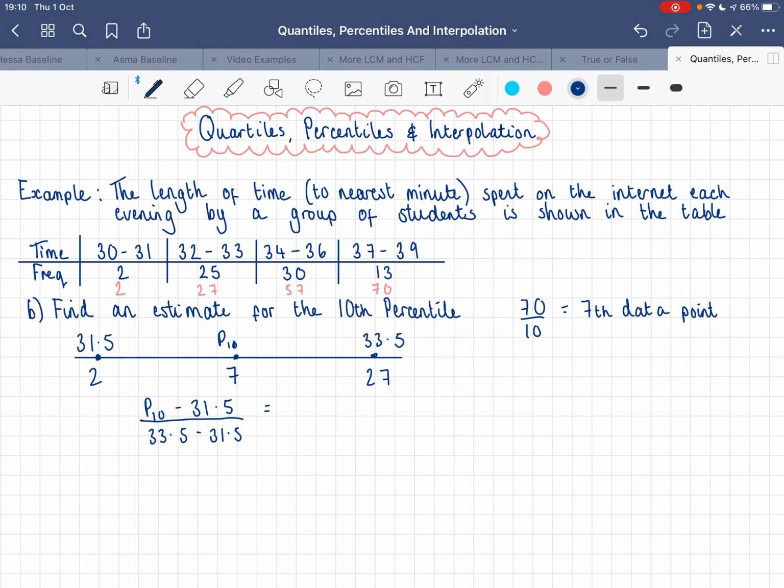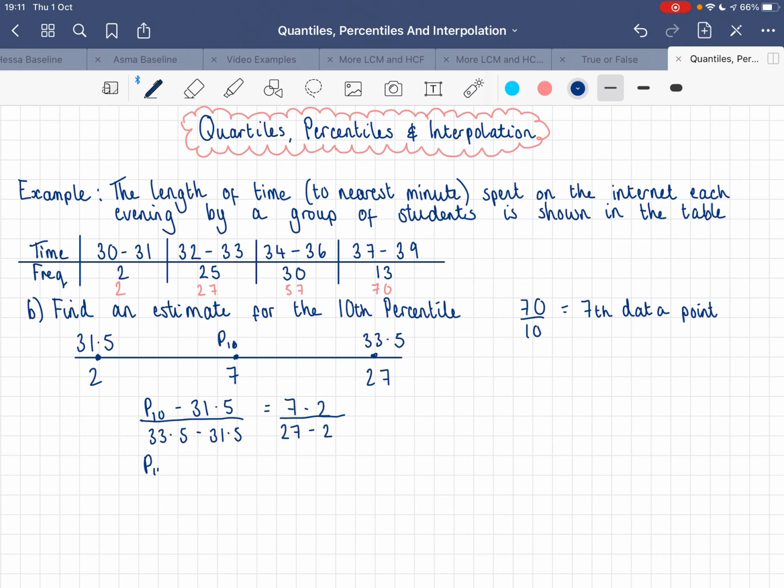You can do all that in your head, but for the purpose of this example, I am going to write it all out in full. So we're doing 7 minus 2 to work out how far into the interval 7 is, and then 27 minus 2 for the number of data points within that interval.